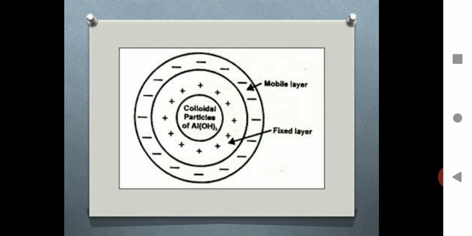So, the layer of ions adsorbed on the surface of the colloidal particle is known as the fixed layer, and the second layer which develops around it is known as the mobile layer, because it consists of ions which are free to move around in the dispersion medium.